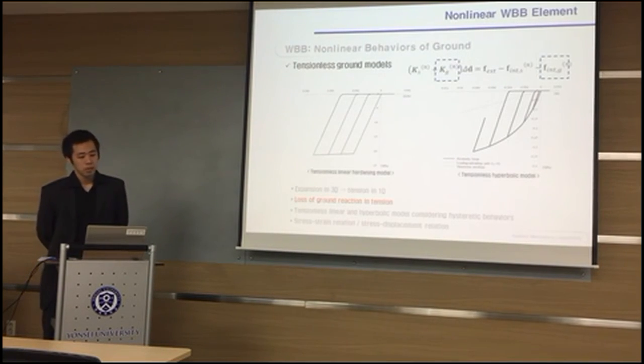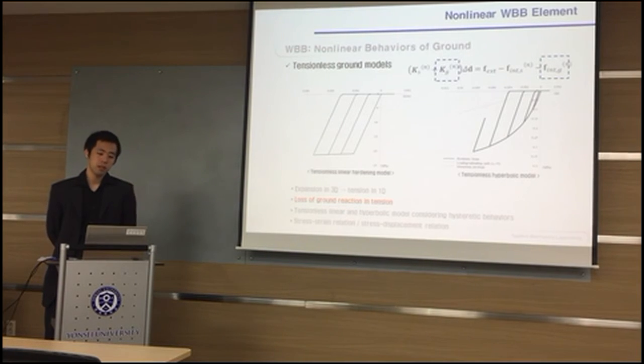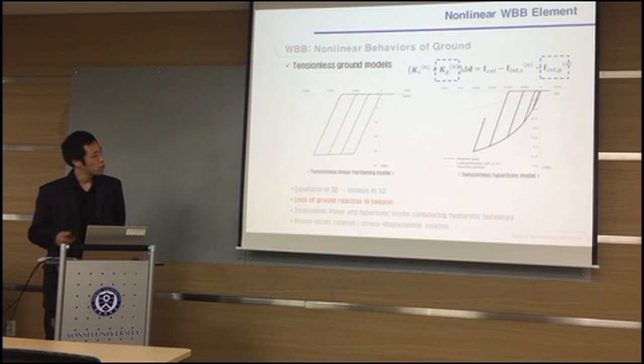On the other hand, for realistic soil structure interaction analysis, it is important to consider that ground has weak resistance to tensile load. The developed WBB can simulate tensionless and hardening behavior of ground using these two models.